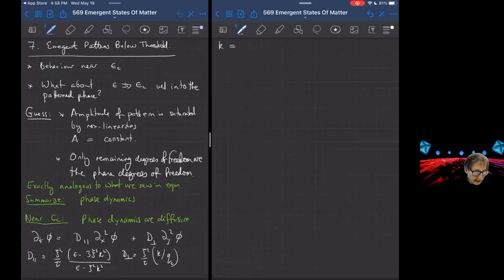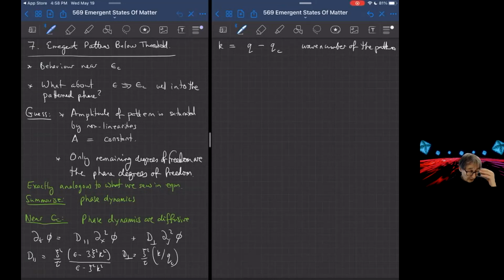The value k is the wave number of the pattern minus the critical q value qc.